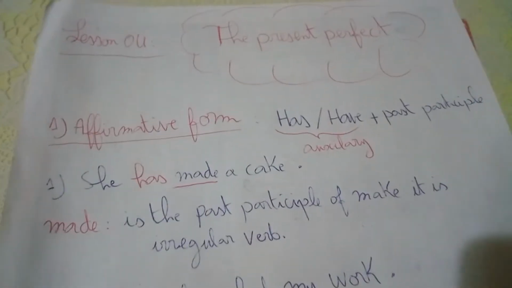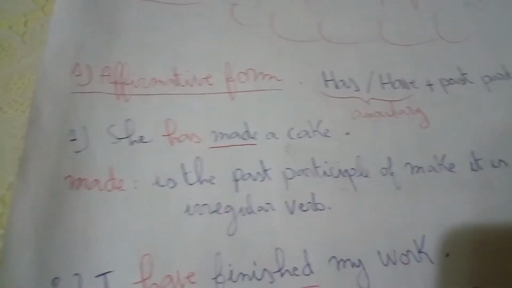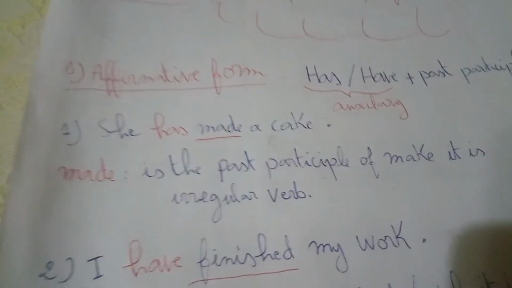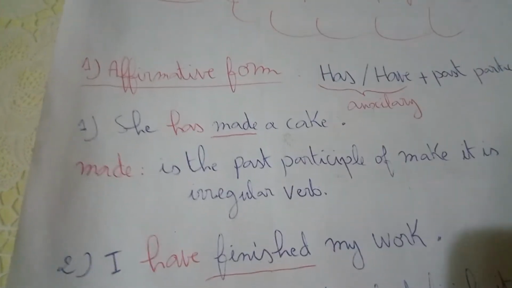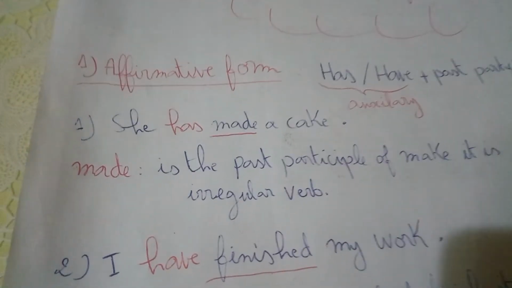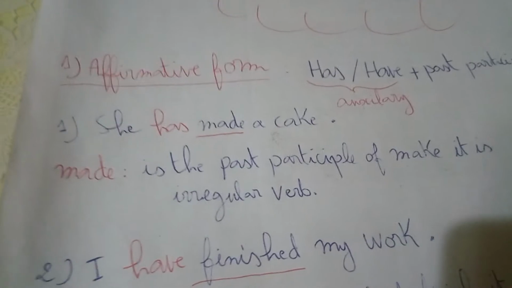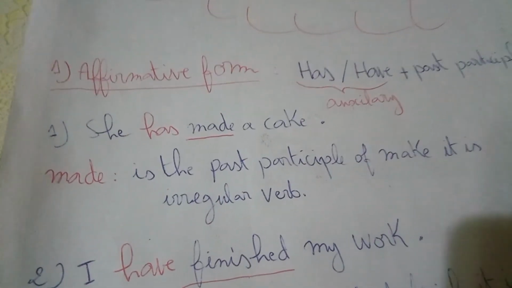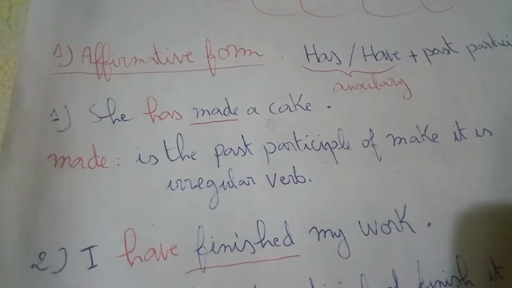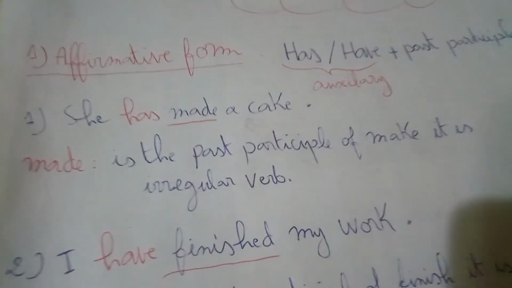Okay, so as usual, when we deal with a tense, whether it is future simple or past perfect or past simple or present continuous, we will deal with the three parts: the affirmative form, the negative form, and the interrogative form, because you must know these parts.